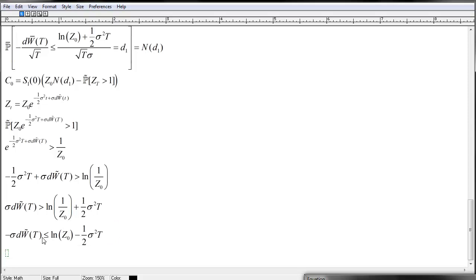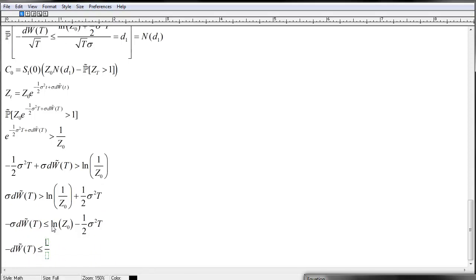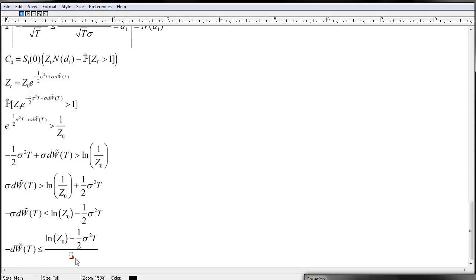Now I divide by sigma and the square root of time, so on the right hand side there only remains the term times the square root of time.